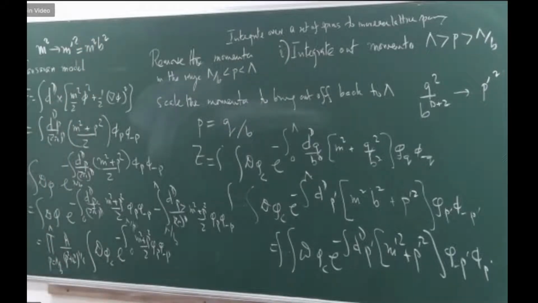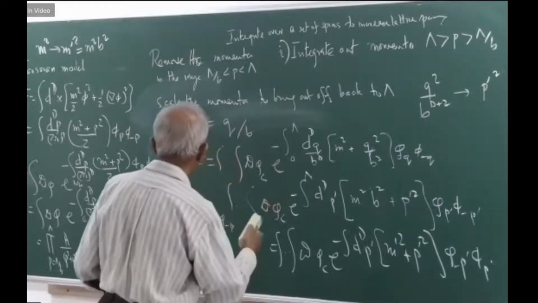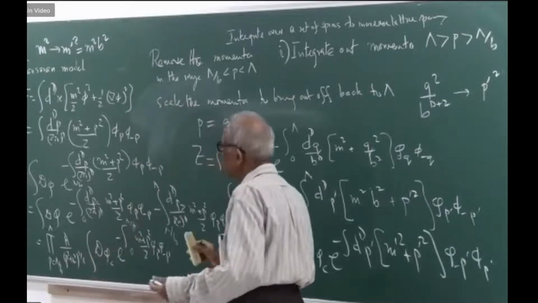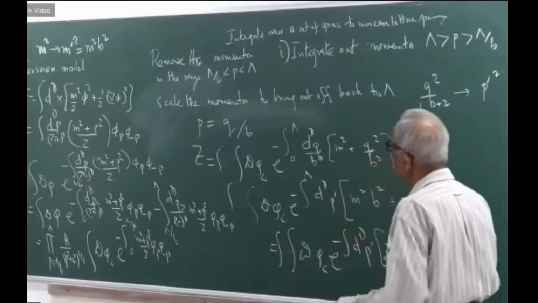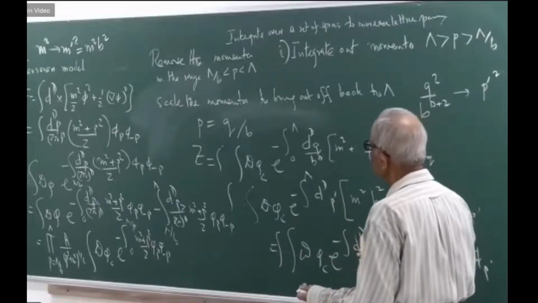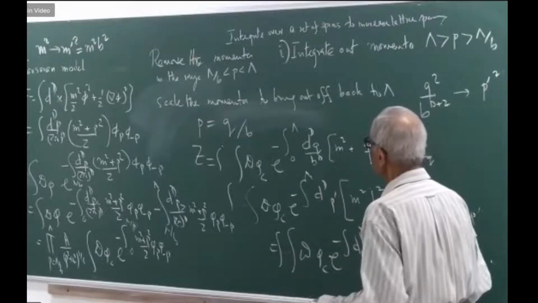So that is what the Gaussian model is all about, and that is the procedure which one does for this renormalization group procedure in momentum space: removing a set of degrees of freedom and seeing how the parameters of the problem change.